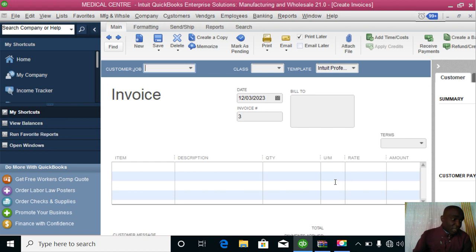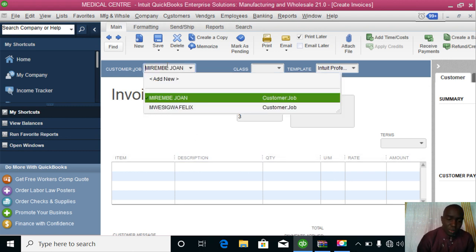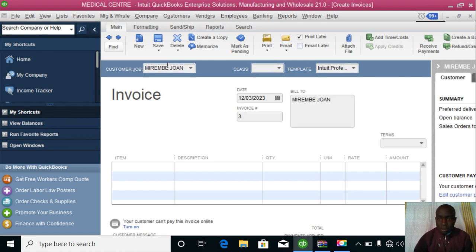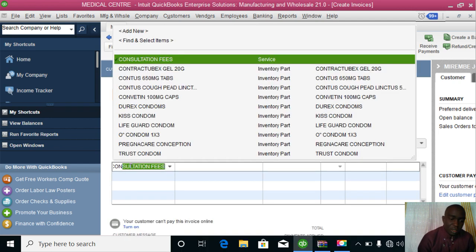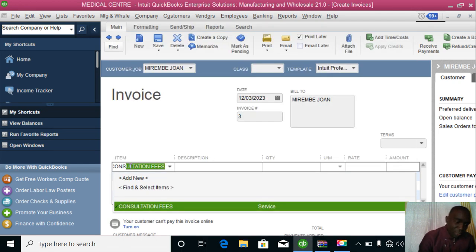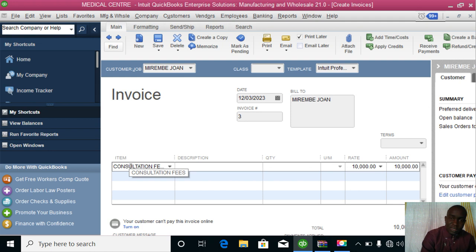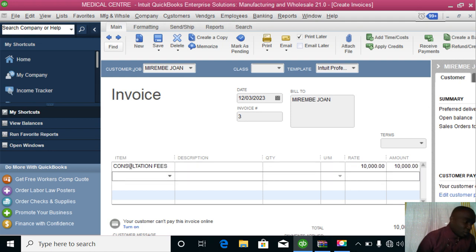Now we go to client number 2. Client number 2 is going to be Mirembe Joan. So Joan came to the clinic. Number 1 is to charge consultation fees. So after consultation, Joan did some tests.